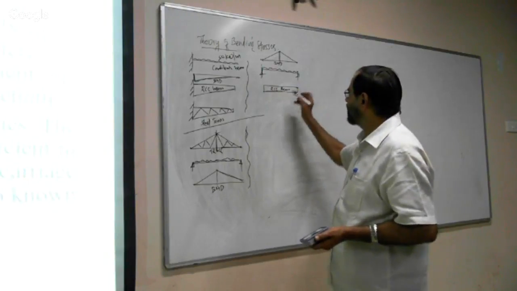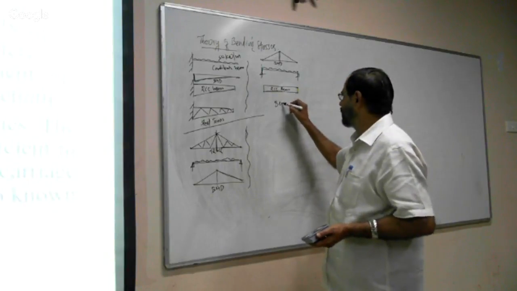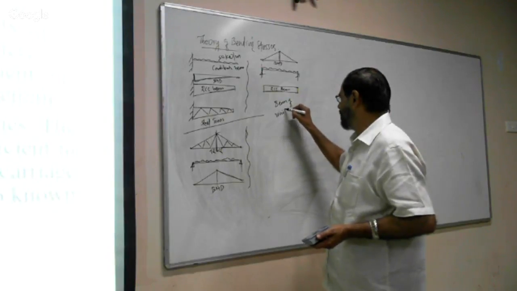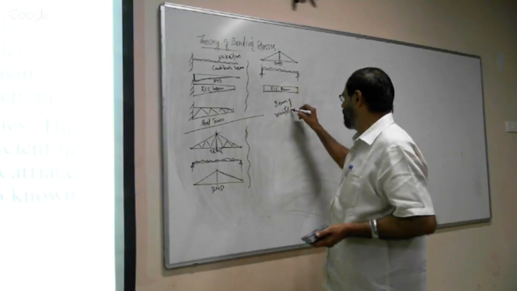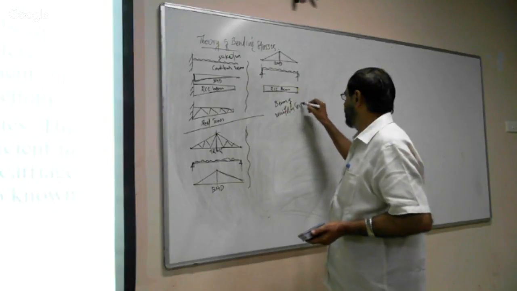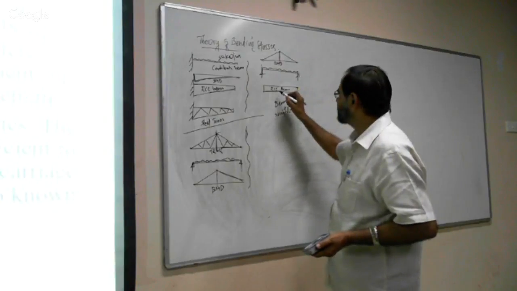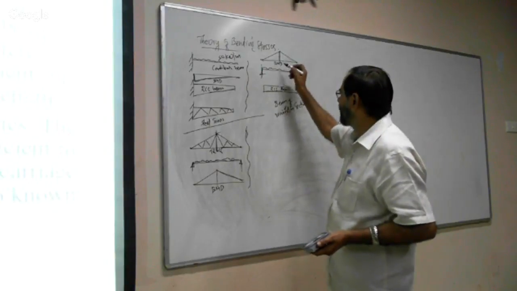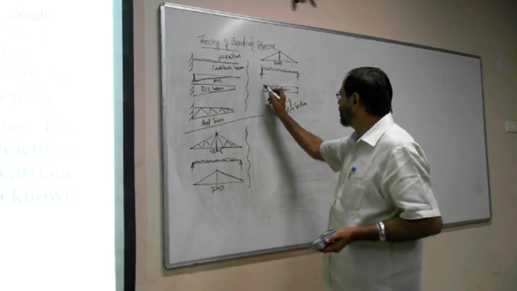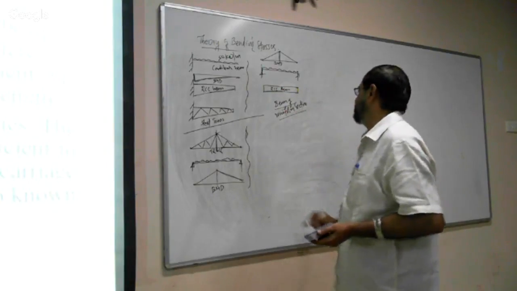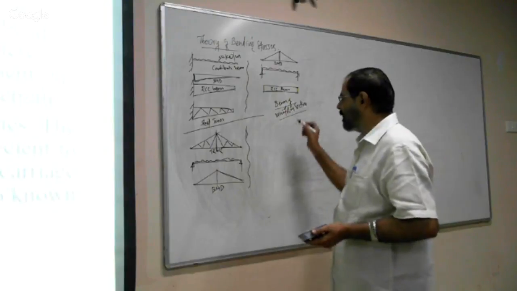So this is called a beam of uniform section. Irrespective of the bending moment, the section is designed for the maximum bending moment, and that will be constructed throughout the beam. So this is a beam of uniform cross section.